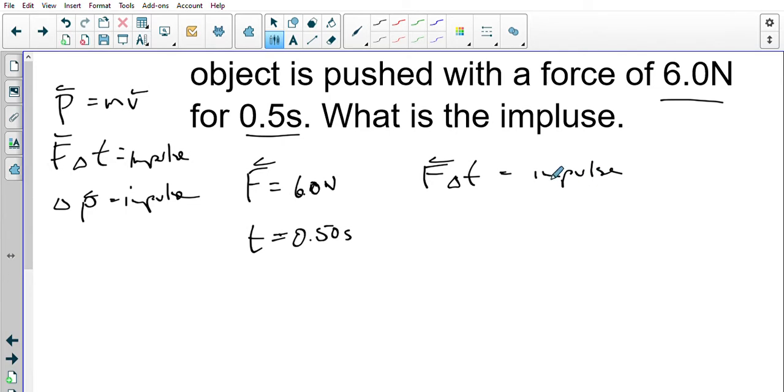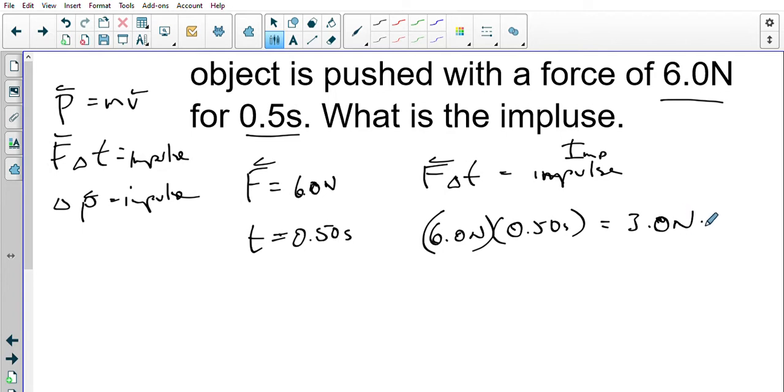There's no special symbol for impulse, we're just talking impulse. So we take our 6.0 newtons, multiply by our 0.50 seconds, and that's equal to 3.0 newton seconds. There is our impulse.